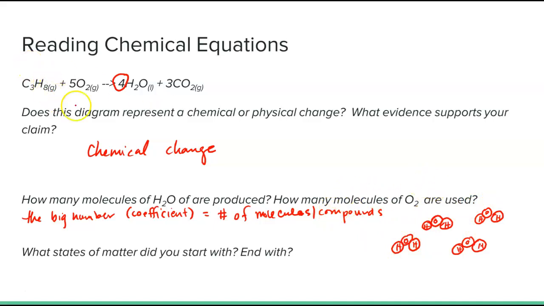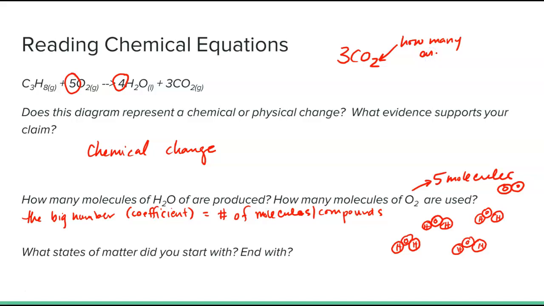How many molecules of O2 are used? I would then say 5. 5 molecules. Now you'll notice that the molecules of O2 means you have 2 O's bonded together thanks to that little 2. So just a reminder, in this case, this tells you how many are bonded to each other.